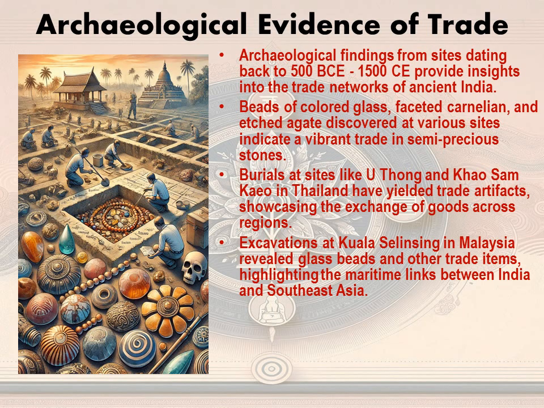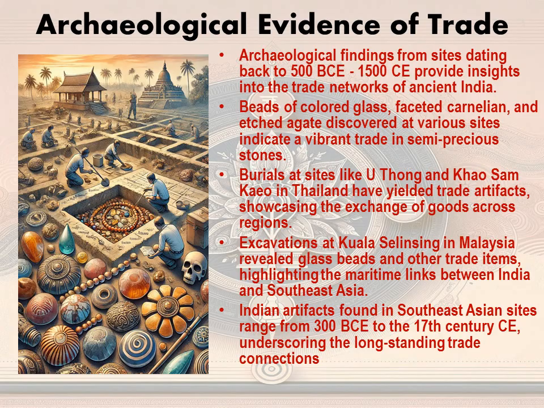Excavations at Kuala Selinsing in Malaysia revealed glass beads and other trading items, highlighting the maritime links between India and Southeast Asia. So, there were Indian artifacts found in Malaysia also, and from there we get to understand the maritime links between India and Malaysia.